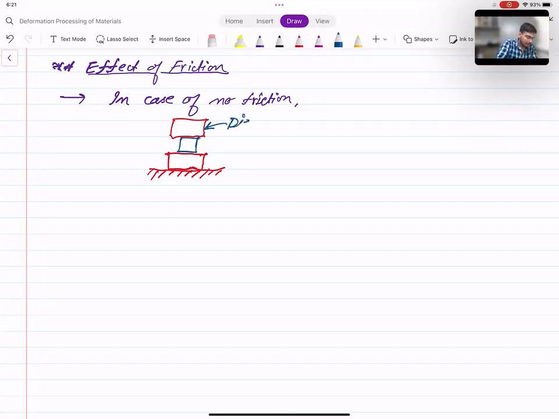This is die. This is the workpiece, or simply work we can call. So this got transformed like this. Simply the diameter increases and height reduces. This is homogeneous deformation.